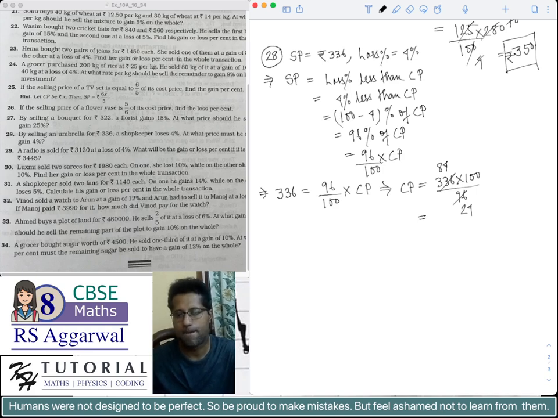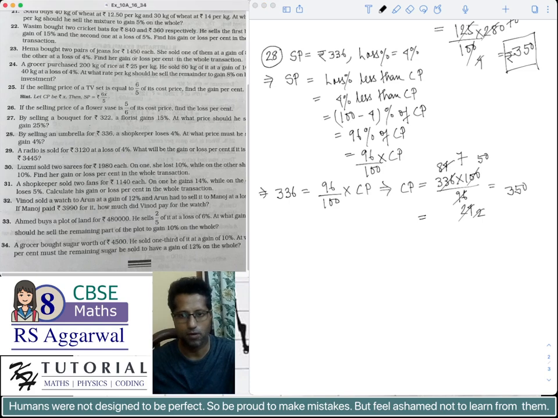Okay. 12 divides 84 with 7. 12 divides 24 with 2. And we have 50. This is equal to 350. So the cost price of the umbrella is rupees 350. Okay.